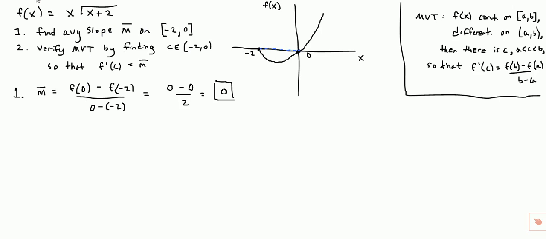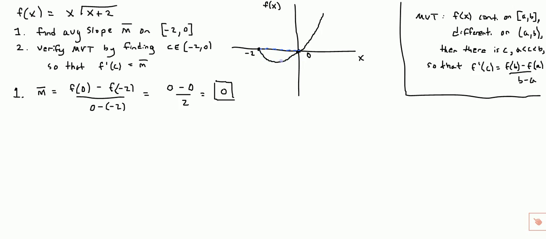So then for part 2, to verify the mean value theorem, they want us to find some number c in this interval so that the derivative at that point equals the average slope. So let's think about the derivative at various points. If we took the derivative here, it would be that. If we took the derivative here, the tangent line would be like that. We want to find a point where the tangent line has slope 0.